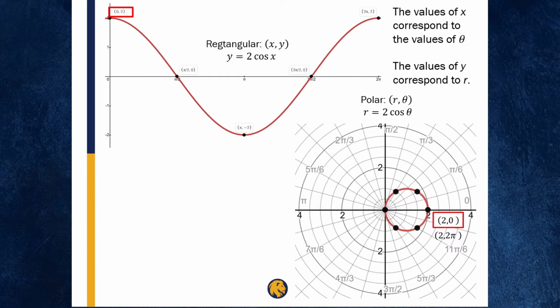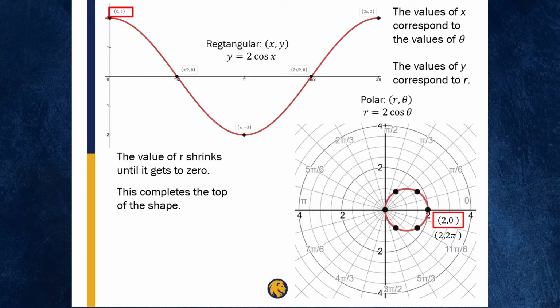of the polar coordinates. And we'll follow along here with the angles, and as we do, we'll notice how the value of r will shrink until it gets to 0. What this will do is complete the top of the shape in the polar graph.